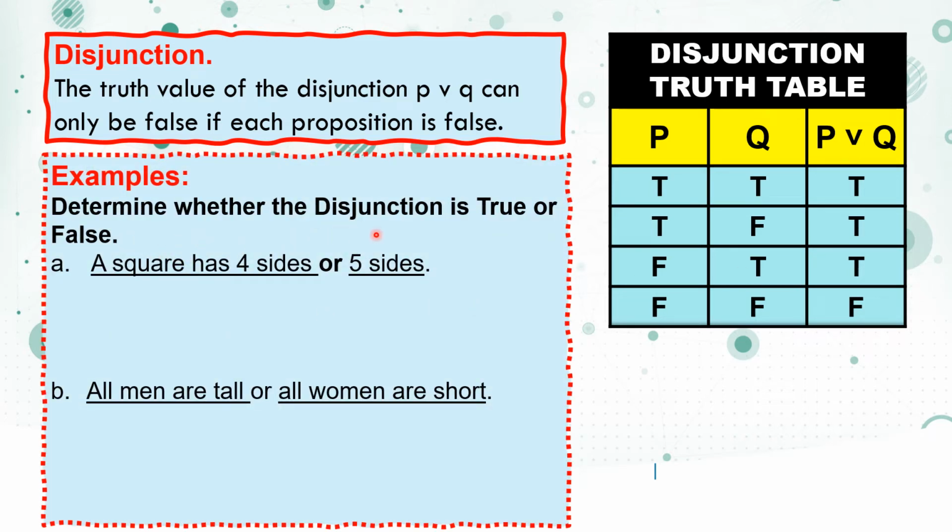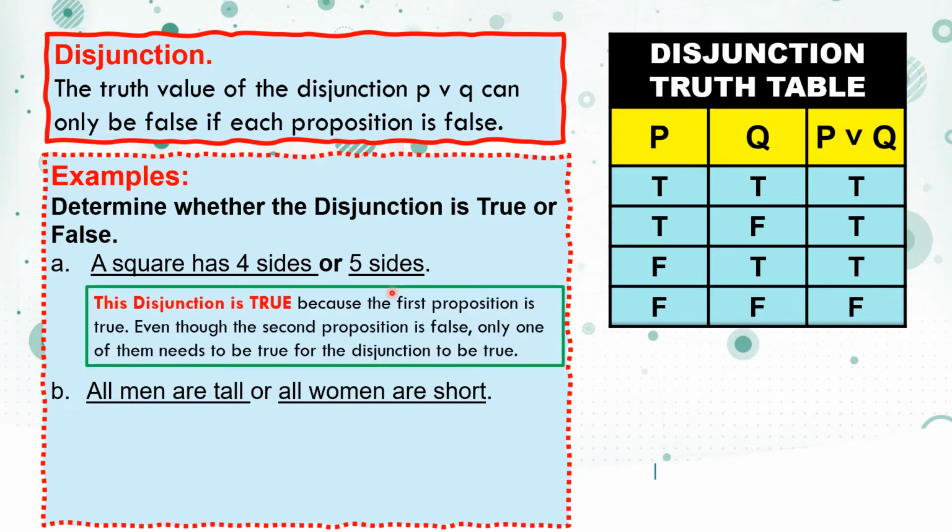For example, determine whether the disjunction is true or false. A square has 4 sides or 5 sides. So this disjunction is true. Why? Kasi nga, yung first proposition, a square has 4 sides, is true. Pero yung second proposition natin na 5 sides is false.